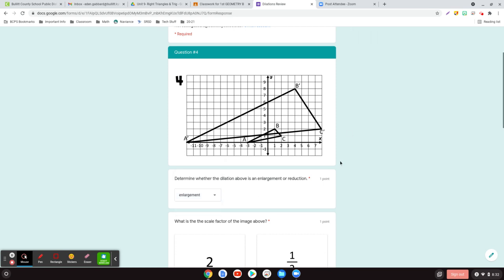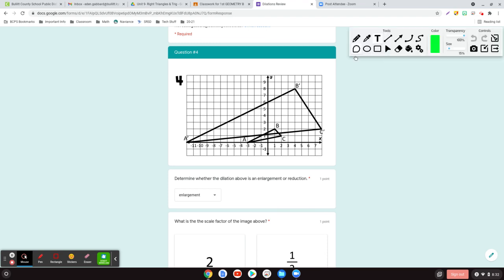Hang on. This is getting on my nerves. All right. So our original B is at 4, 8, and our B prime is at, let's see, 1, 2. So again, how do we get from 4 to 1 and 8 to 2?